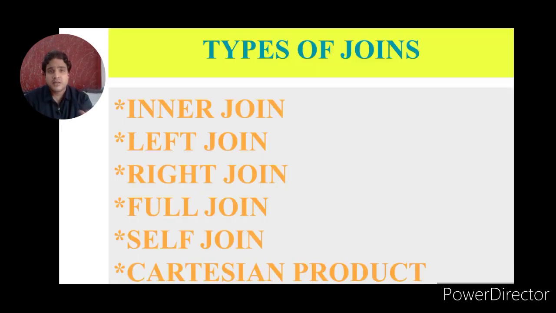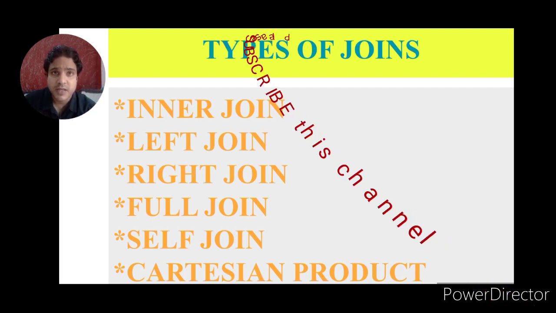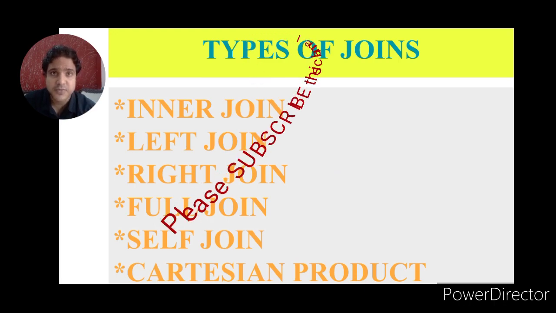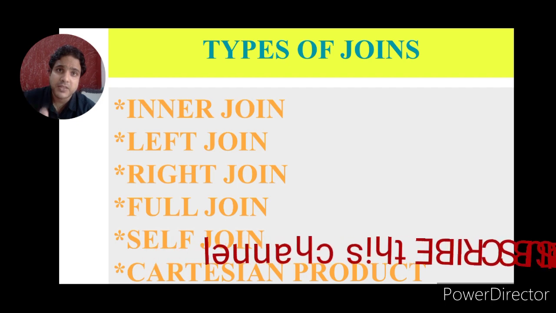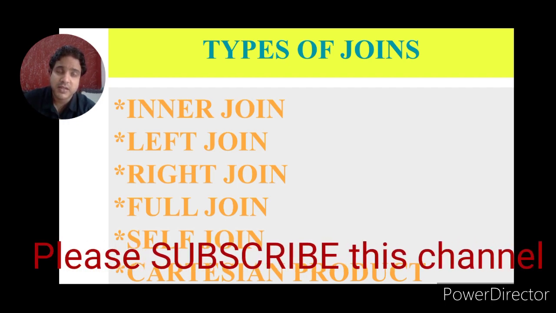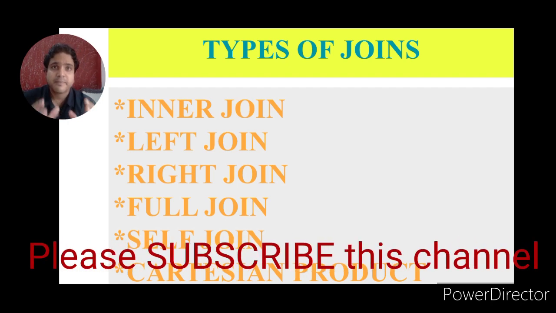Now this is only the basic concept of the join, but how can we combine the two tables with the help of a join? Here are the 6 types of join. The user can combine the two tables and get the attribute information from two or more tables from the database.